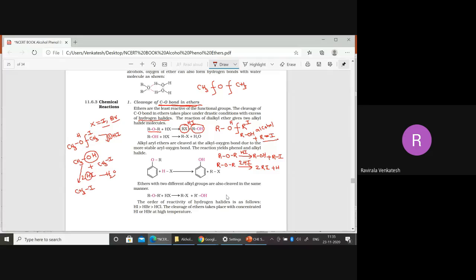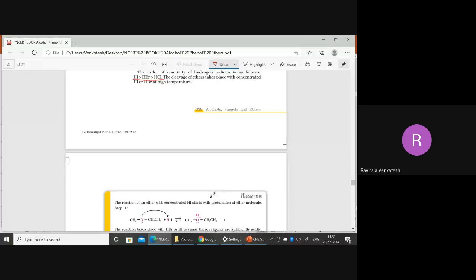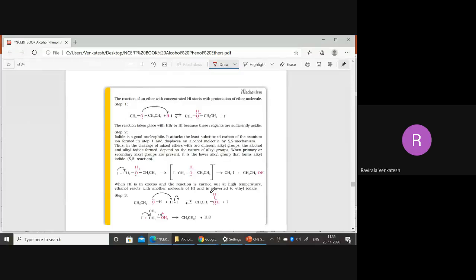Both are alkyl halides. Here we get many examples. This is the order of reactivity: HI is more reactive, isn't it? Now many doubts also come here. If it is an unsymmetrical ether, what happens here?